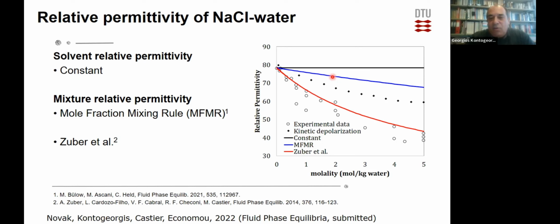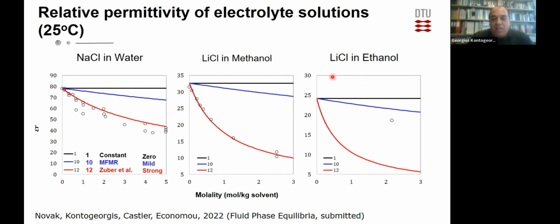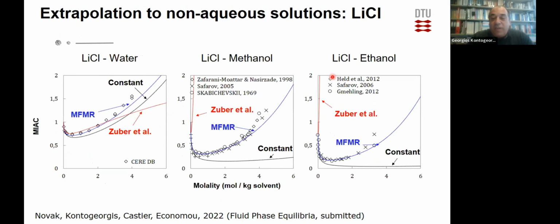Much to our surprise or to our sadness, or anyhow, this is life, or this is the conclusion, the correct results or the good results, we obtained them when we allowed for a weak dependency of the relative permittivity with concentration. This mixing rule that shows a weak dependency, which is not in agreement with the experimental data, we obtained excellent results with the electrolyte SAFT-VR for both aqueous and non-aqueous solvents.